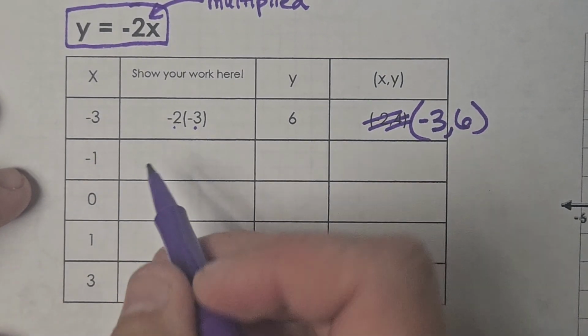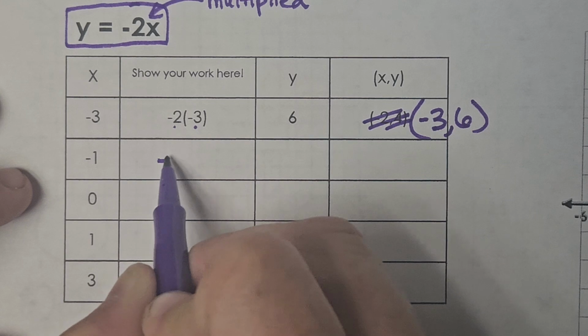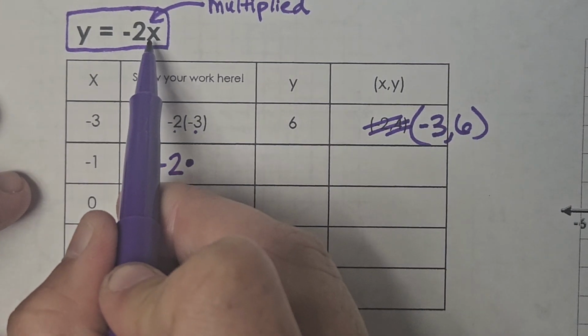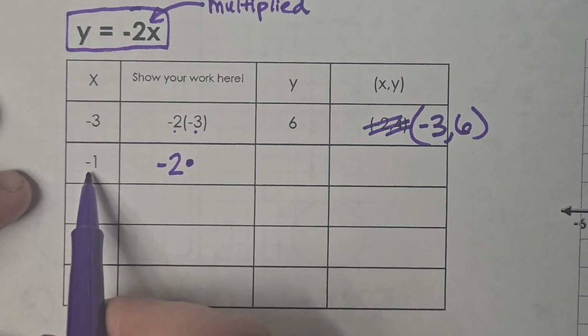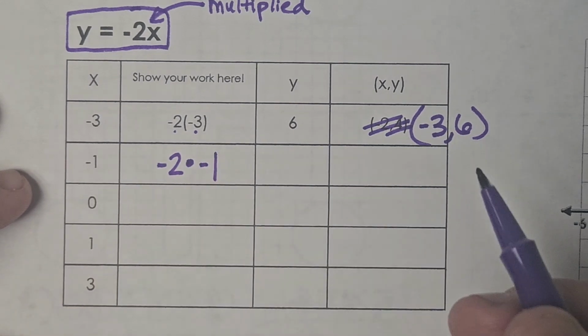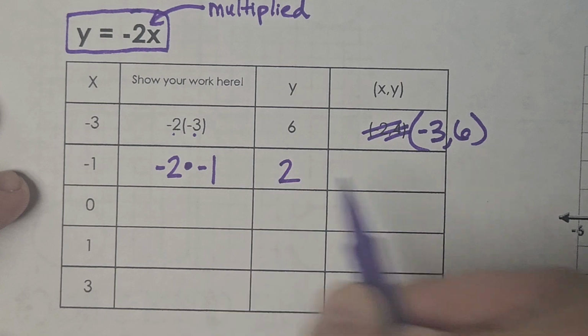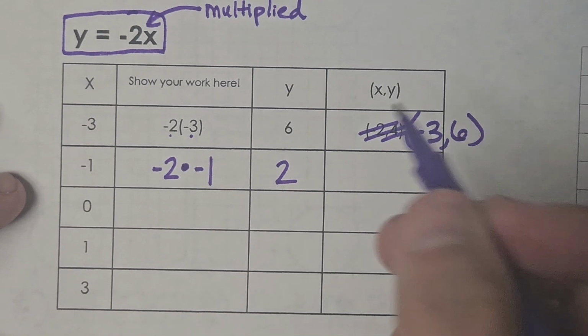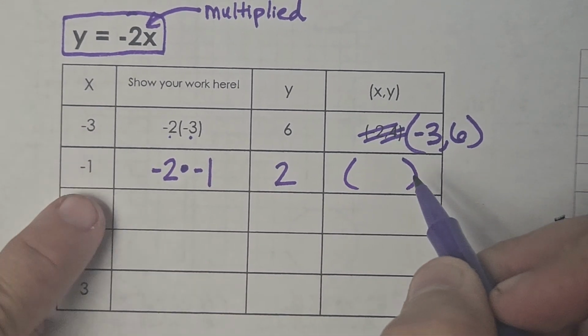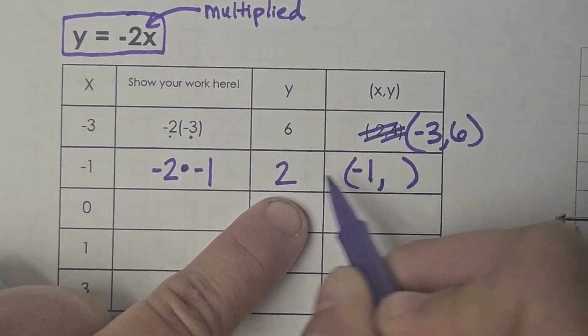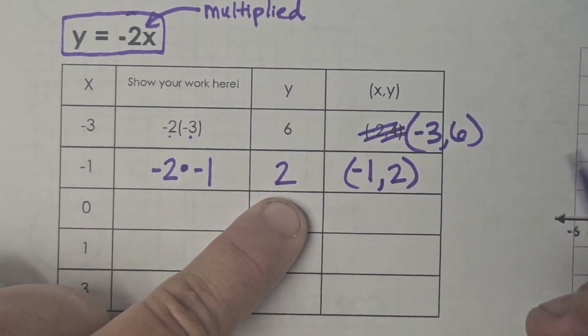So my next one is going to be starting off with -2. I'm going to multiply it by my x value. My next x value is negative 1. So negative 2 times negative 1 is positive 2. So my coordinate point, my x value is negative 1, comma, and then my y value is 2.